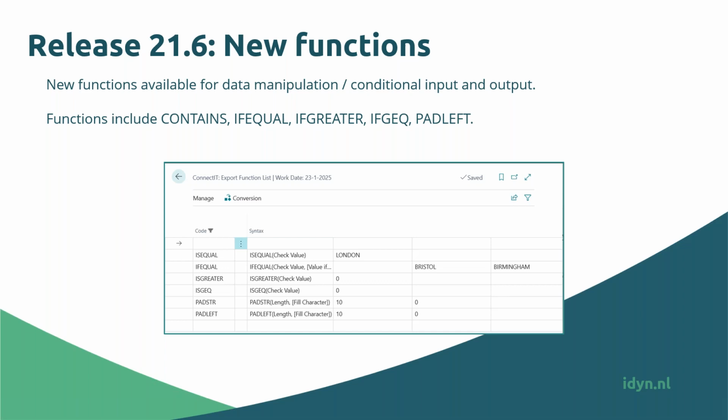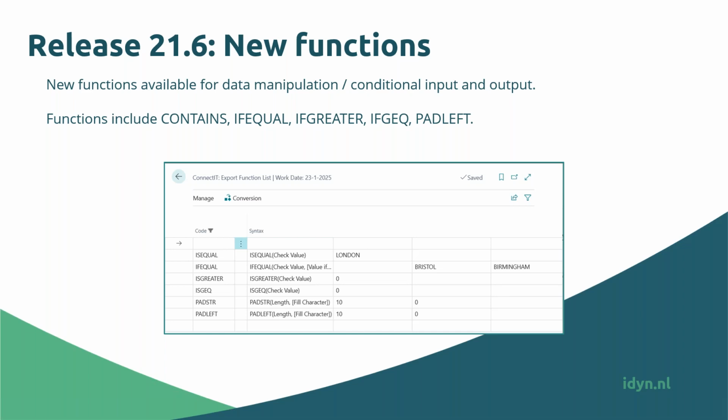So last part before we get to some of the Q&A. New functions. Hopefully what these functions do speaks for itself, but we have added some new functions simply to make some data manipulation a bit easier.